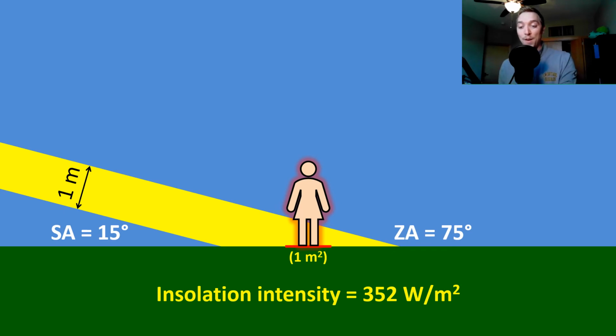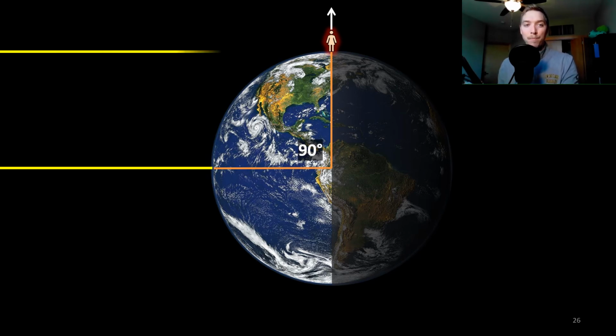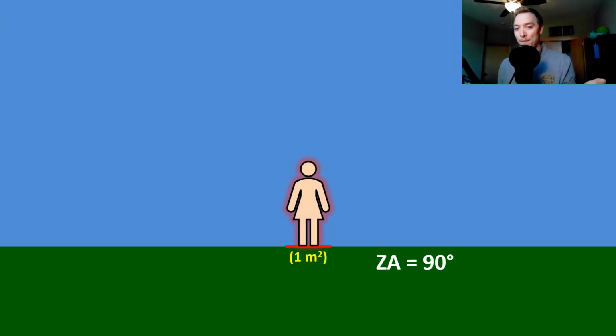Okay, now this next one, don't let it trick you. Here we are at the poles at 90 degrees relative to our subsolar point. What's our sun angle here? 90 minus 90, right?